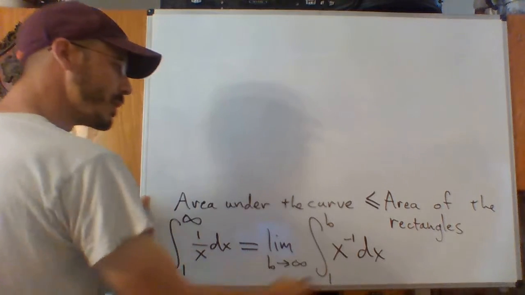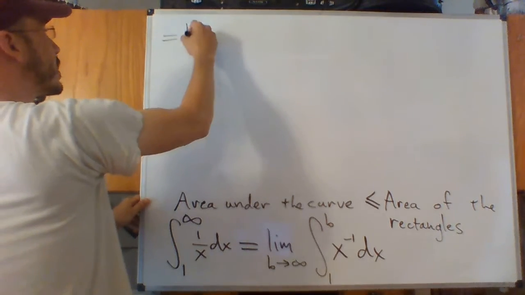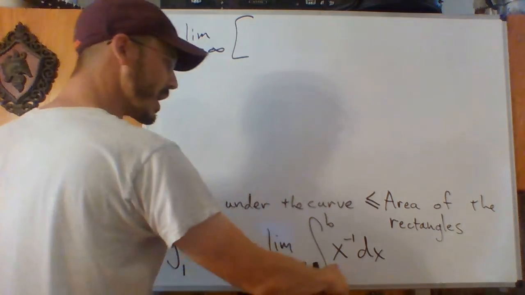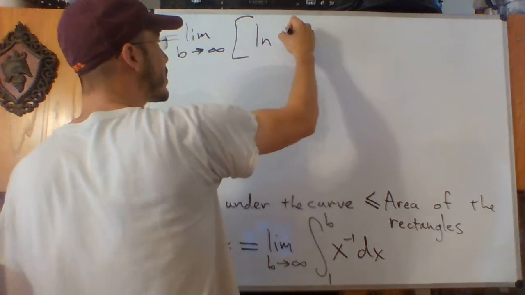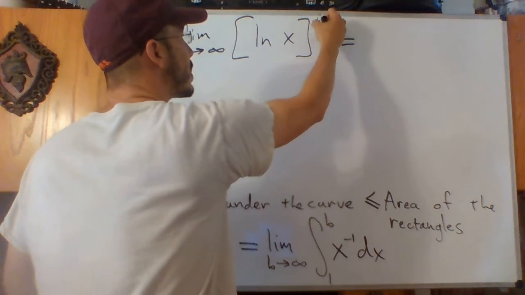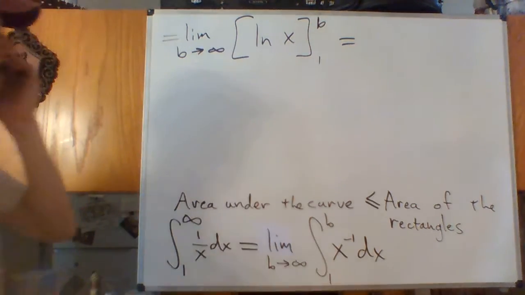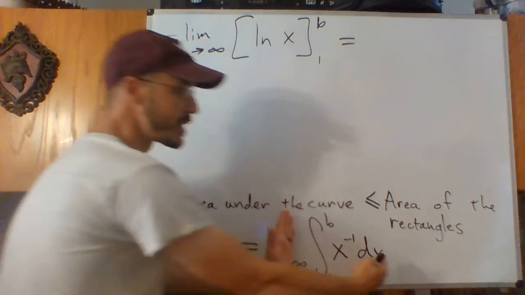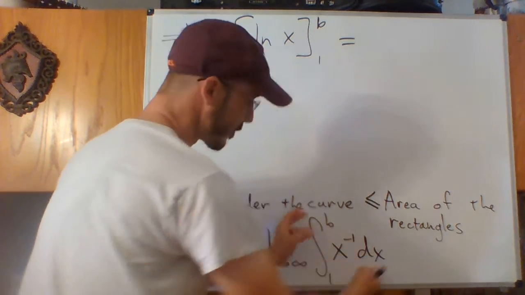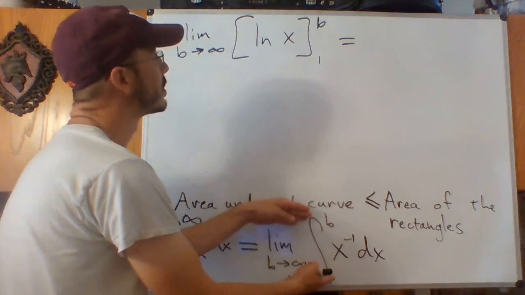To finish evaluating this integral, this is the limit as b goes to infinity of my antiderivative, natural log of x, from 1 to b. So I just evaluated this ordinary definite integral over a finite interval 1 to b.